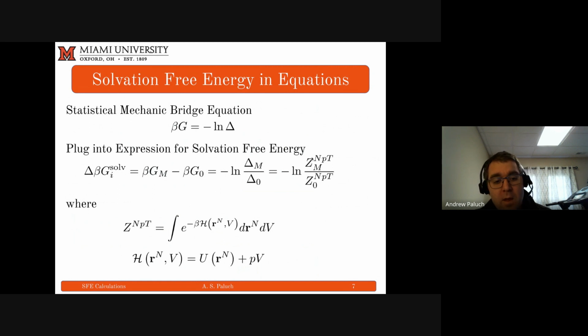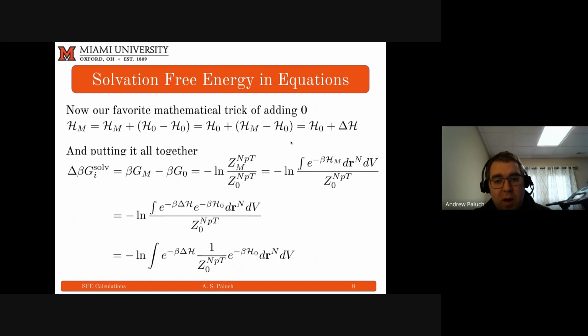How we get to the point that we have is this ratio of configurational integrals, and I'm applying perturbation theory essentially to the Hamiltonian of my target state. I'm taking the Hamiltonian of my target state and writing it as the Hamiltonian of my reference state plus this perturbation or deviation term.